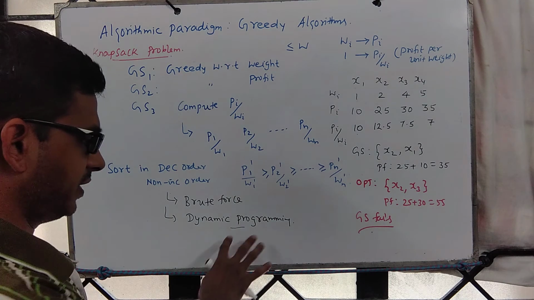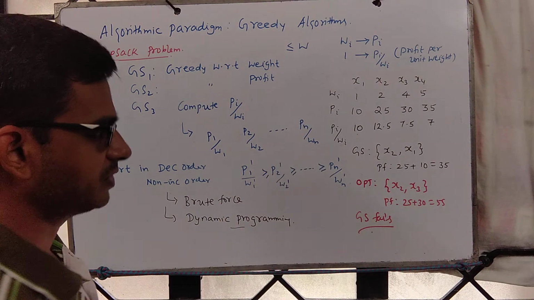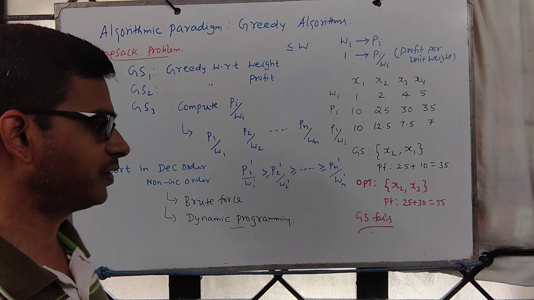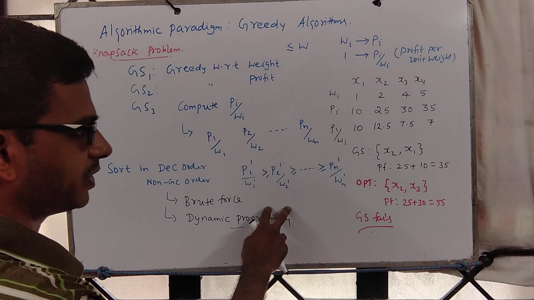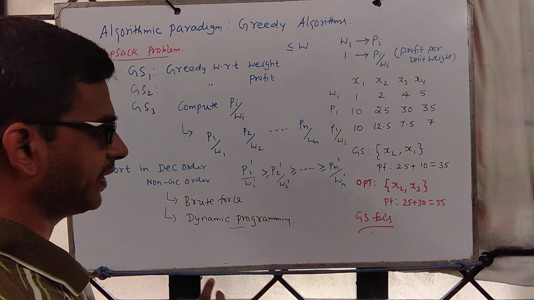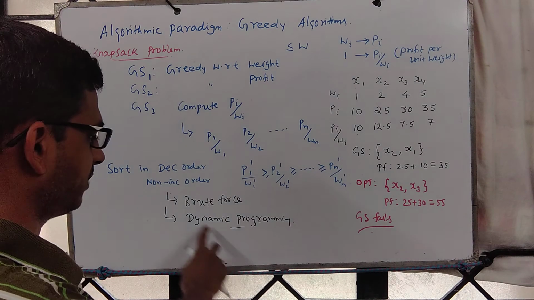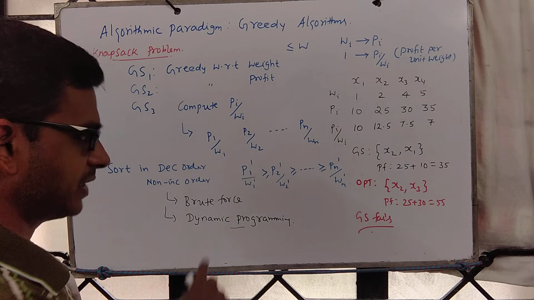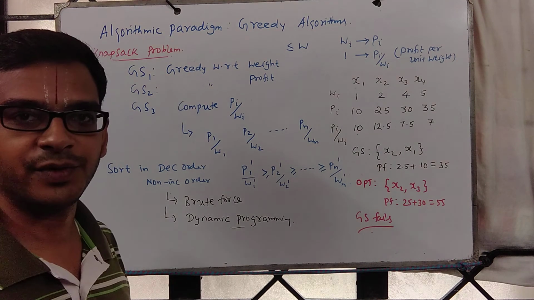Of course, it will not run in polynomial time, because the greedy strategies which we tried all run in polynomial time, but they fail to give optimum. And so here is one problem where no greedy algorithm exists. So the only way to approach this problem is either through brute force or dynamic programming, and we shall see how to solve this problem using dynamic programming.